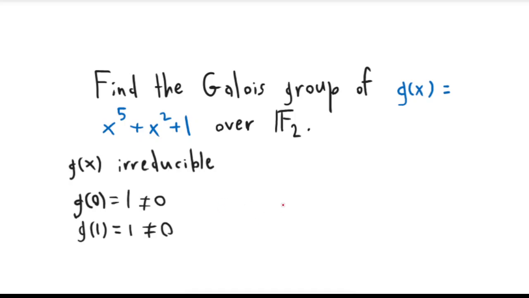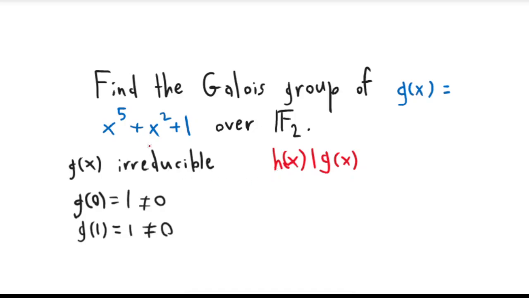If it were divisible by a quadratic factor, it would have to be divisible by a quadratic that was itself irreducible, again because g of x has no roots. If there was a quadratic h of x dividing g of x, and g of x doesn't have any roots, then h of x had better not have any roots either, so h of x had better be irreducible.